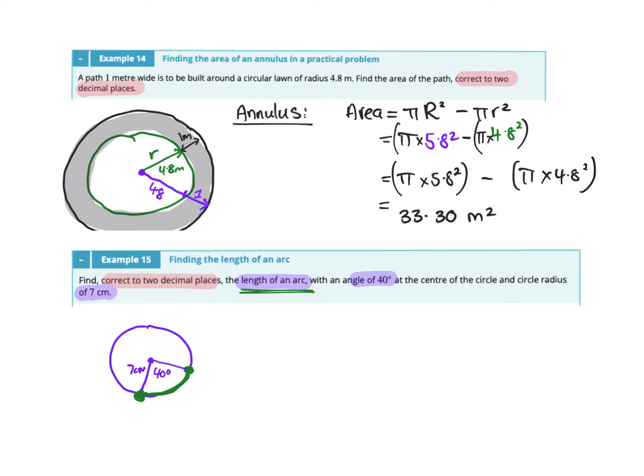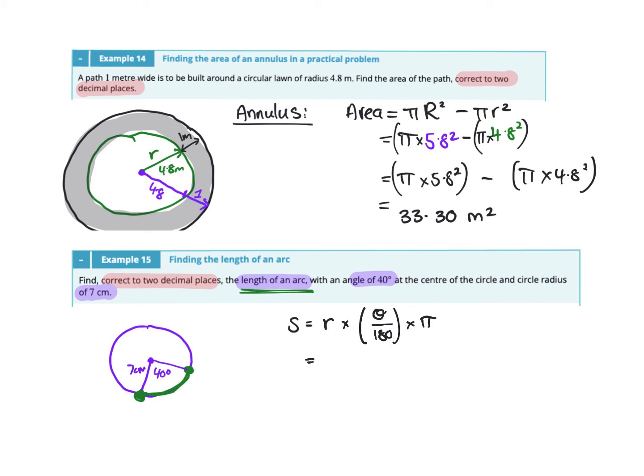So when we got told the formula for arc length, they used the letter S, and if you go back, it is r times the angle over 180 times pi, okay? So that's the formula you've got to use.